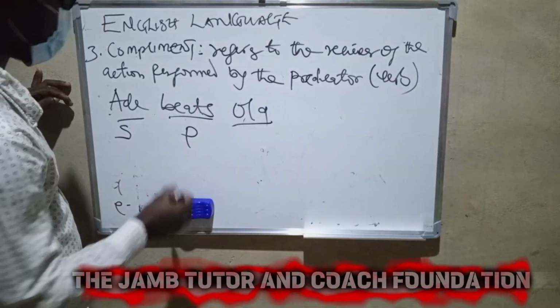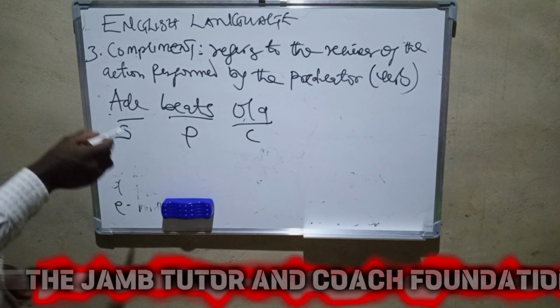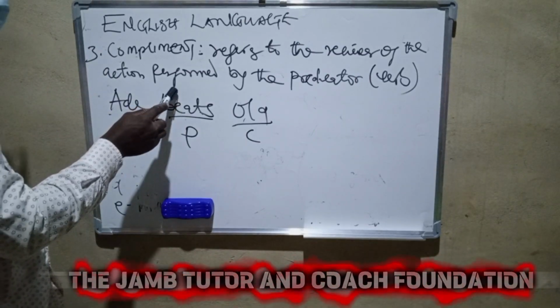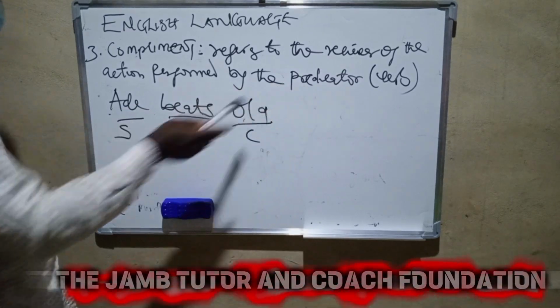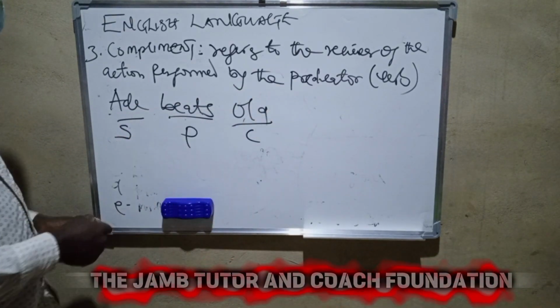Ola. Therefore, it becomes our complement C. So the complement refers to the receiver of the action performed by the what? The predicator. So Ade beats Ola. Ola is what? The complement.